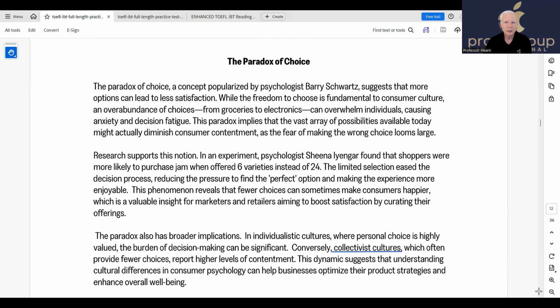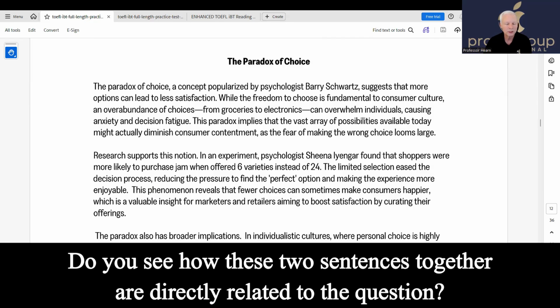Conversely, these kinds of cultures, which often provide fewer choices, report higher levels of contentment. In a general sense, they're talking about the higher levels of contentment, which would be related to consumers. And if you're uncertain, read the related sentence. And it says, "This dynamic suggests that understanding cultural differences in consumer psychology can help businesses."